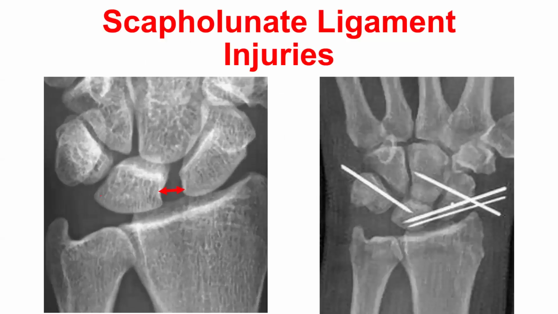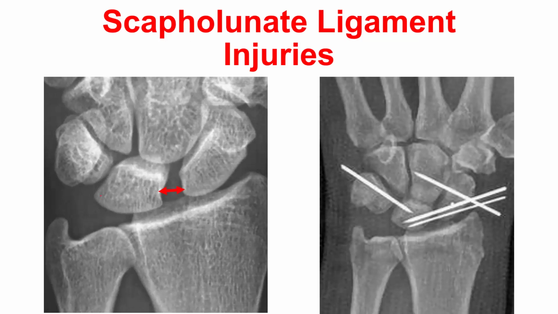Scapholunate ligament injuries. You should always look at the scaphoid and look at the lunate during falls on the wrist, besides investigating the scaphoid for a fracture.